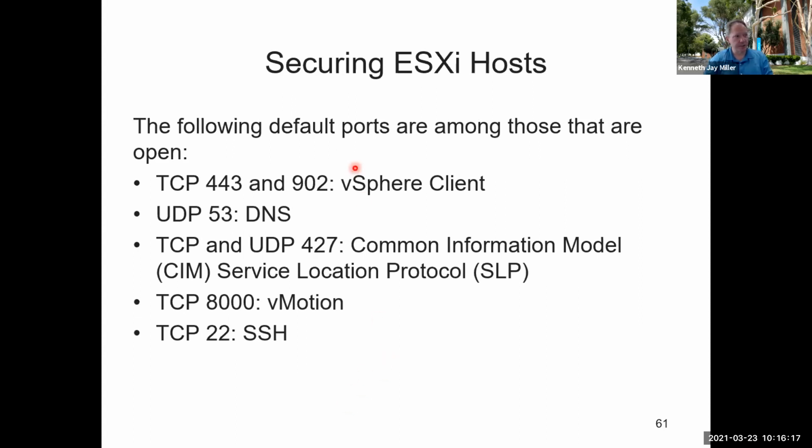So there are certain default ports that are open: TCP 443 for our SSL communication, UDP 427 is for the common information model and the service location protocol, TCP 8000 is used for vMotion, and port 22 is for SSH.